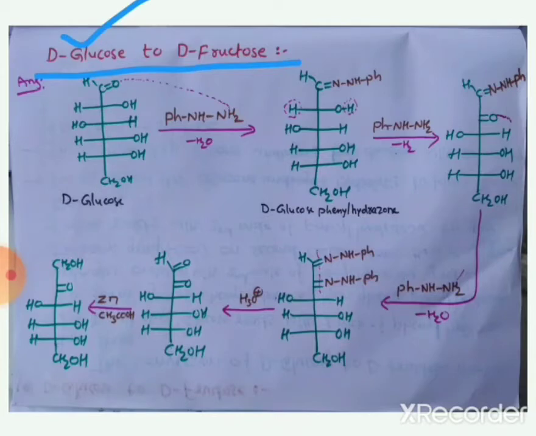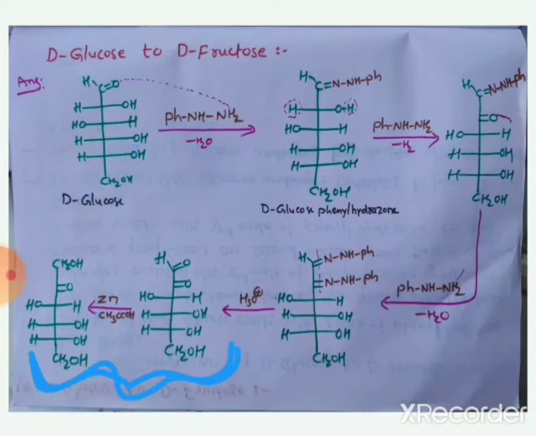Already we know this is D-glucose, and this is D-fructose. What is the difference between these two? In one case CH2OH is present, in the other C=O. So that's why this is the osone.